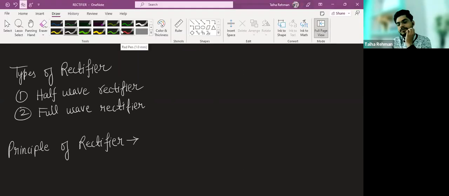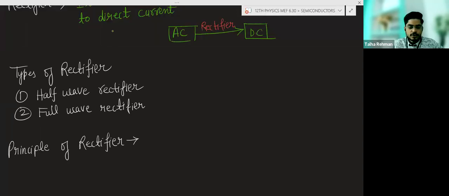Like the principle of electric generators is electromagnetic induction, means whenever the magnetic flux linked with the coil changes, an EMF will be induced according to the Faraday law.